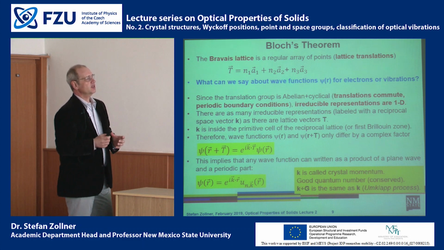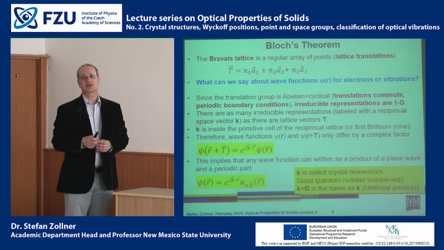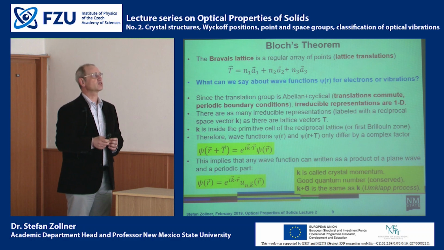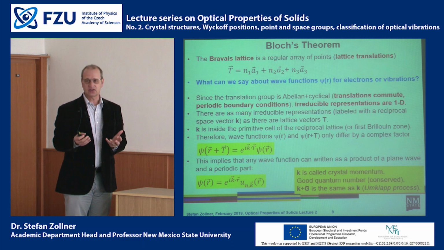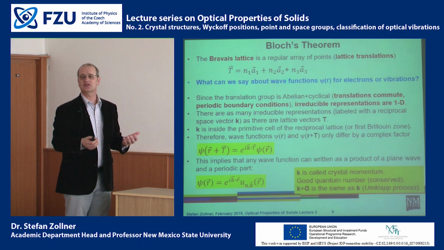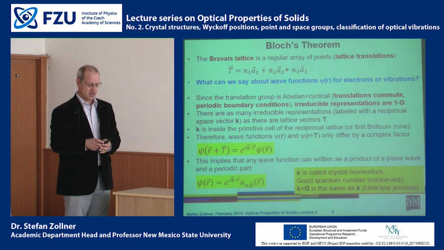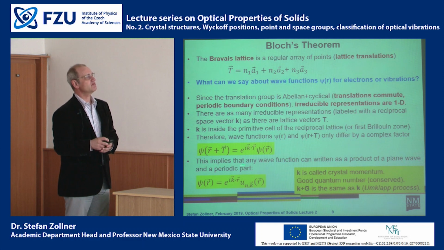Now, when people talk about momentum conservation in solid-state physics, you assume momentum is conserved, right? You always assume energy is conserved, and we always assume that momentum is conserved. But in solid-state physics, we really mean not momentum, but crystal momentum. And there is a difference between momentum and crystal momentum.